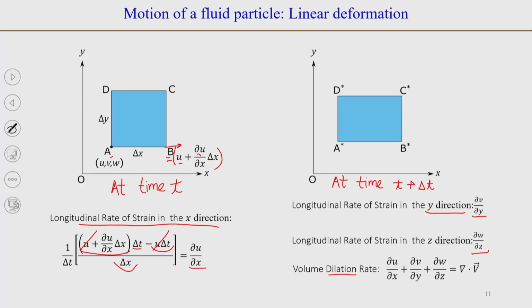So, we can show from simple calculus that the change in volume will be the sum of the changes in the sides. So, that will be dou u by dou x plus dou v by dou y plus dou w by dou z into delta t.